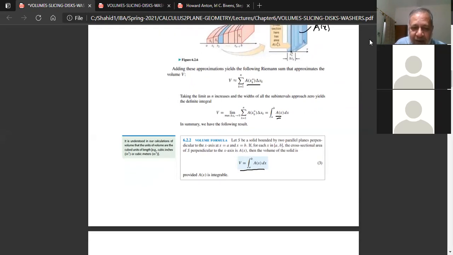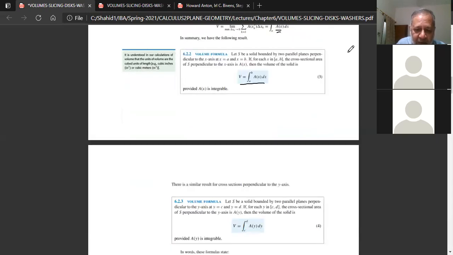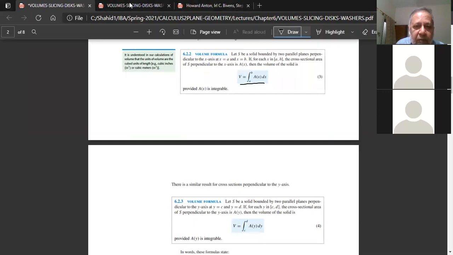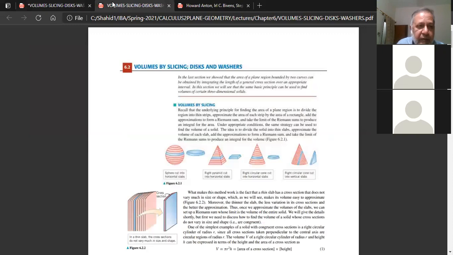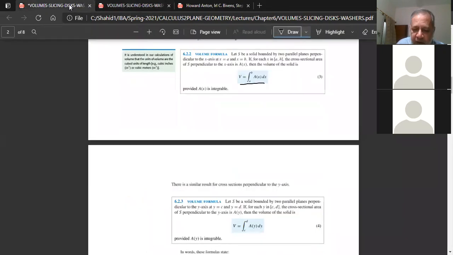I'll come to examples. I had made some examples. I think the file is already open. And this is the same file, opened twice.